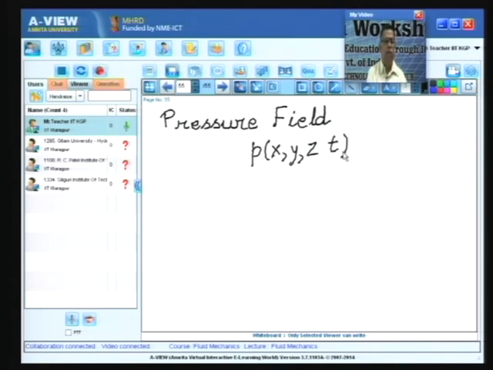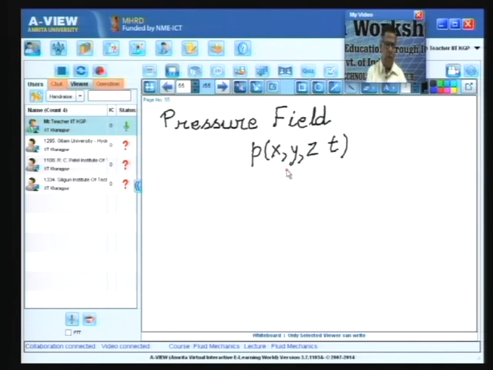Now, in fluid statics, of course, it will not depend on time, because it is at rest. So, this is a function which tells you how the pressure varies with x, y, z. So, if you want the pressure at a point, all you have to do is substitute the coordinates of the point in this function, and that will give you the pressure at that point. Now, this function you will have to find by solving equations.